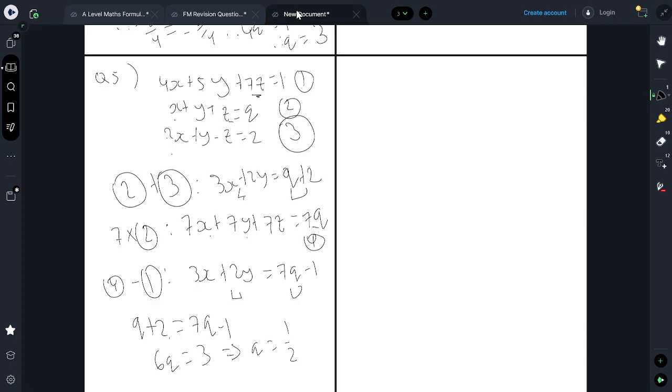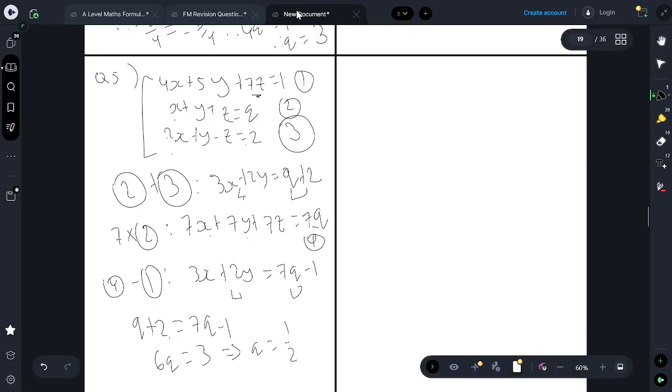So the idea is essentially to use one equation to get rid of z on the other two, to get two equations without the variable z. It could also be x or y, but this is the general methodology for showing three equations have infinite solutions. This is the method, right? Hopefully that is clear.